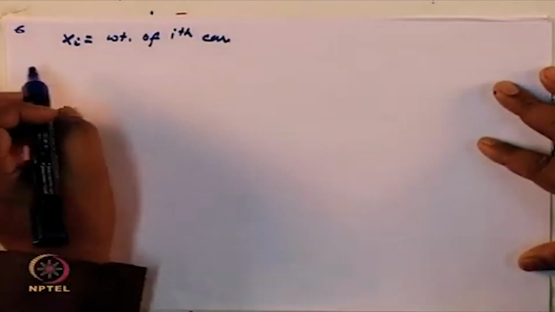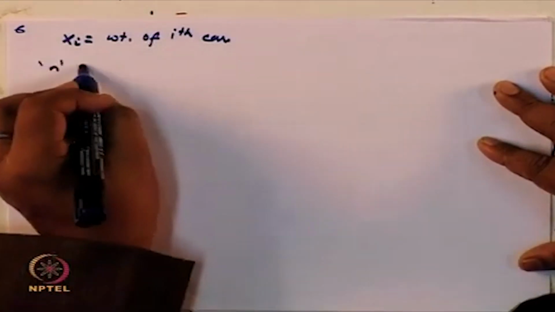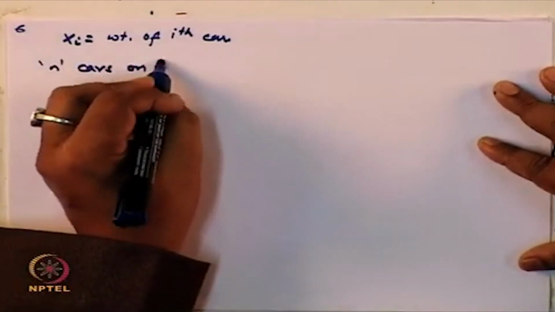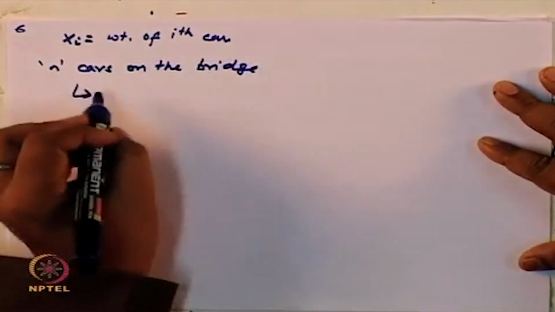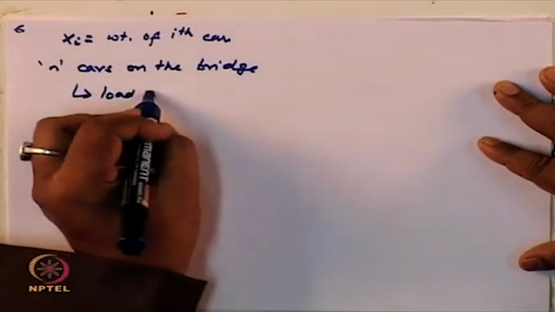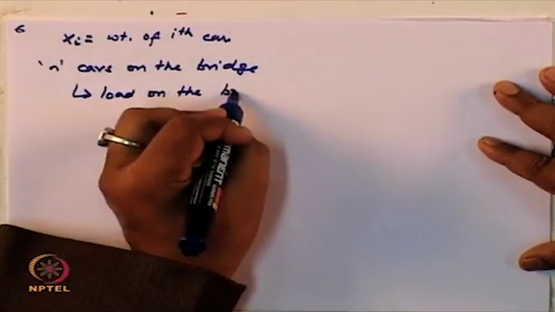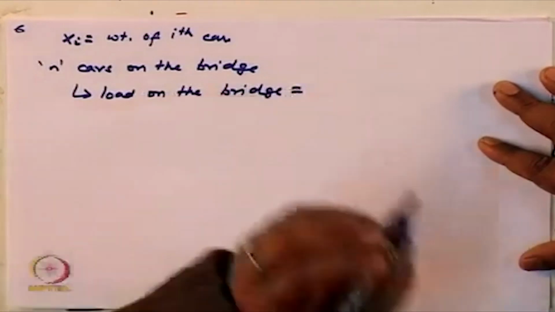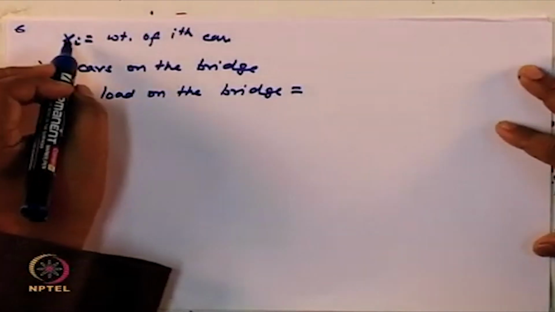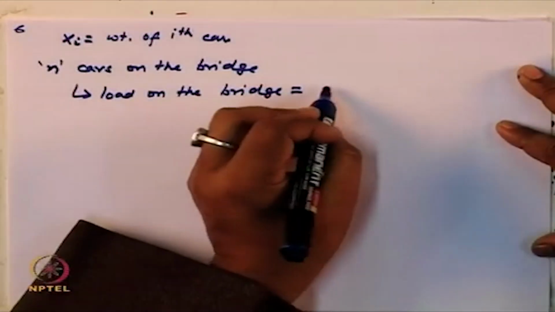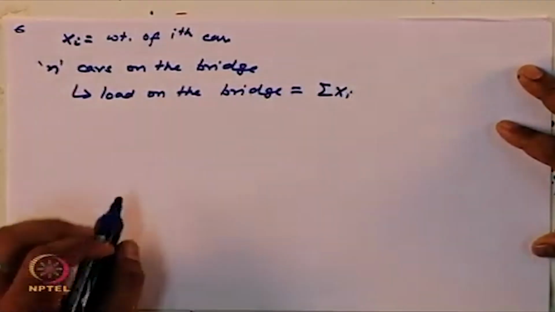So, if there are n cars on the bridge, okay, so the load on the bridge is equal to summation of xi, right.